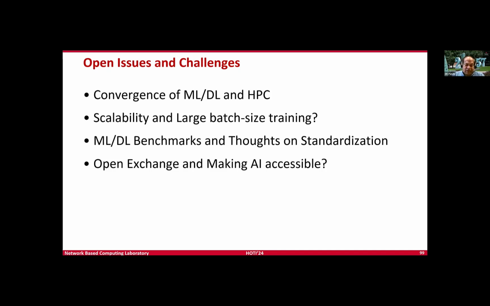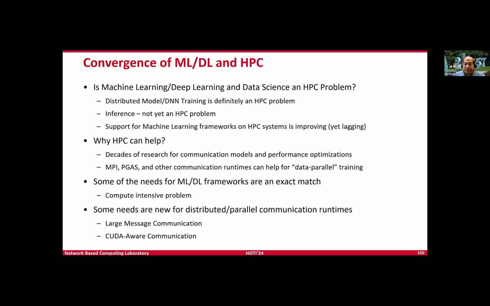So just as food for thought, we want to give some open issues along four directions: convergence of ML/DL and HPC, scalability, large batch size training, and how to have some kind of standardization in the field, and of course, open exchange and making AI accessible.